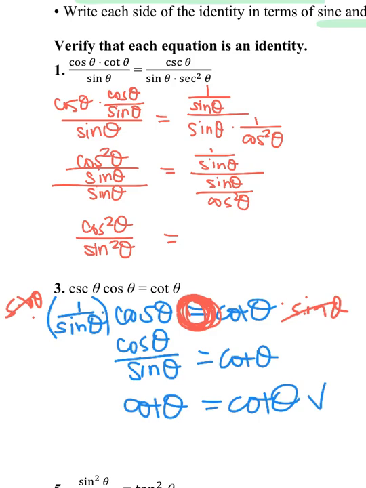And if I simplify my complex fractions, multiplying the outside is the numerator, and multiplying the inside gets you your denominator. And I get cosine square theta over sine square theta is equal to cosine square theta over sine square theta. So I am done. Once you get those two sides equal to each other, that is your verification. All right, so that is number 1.